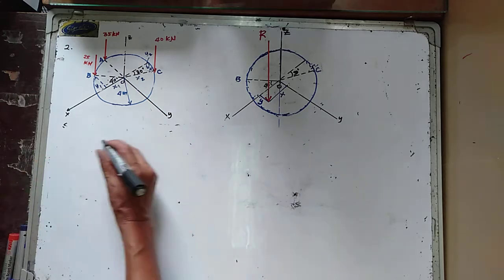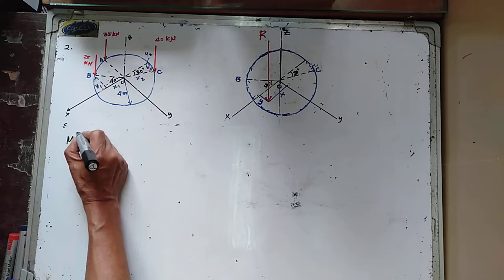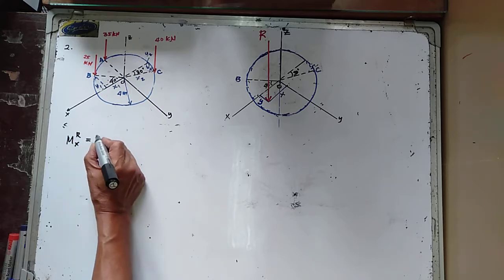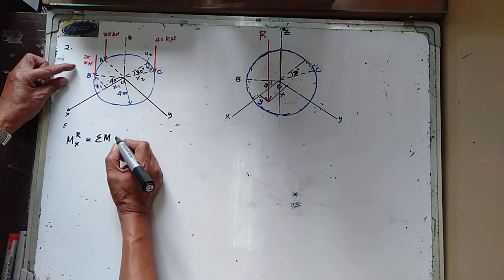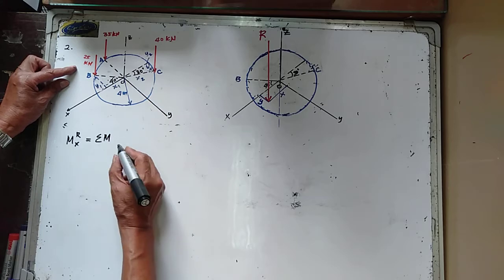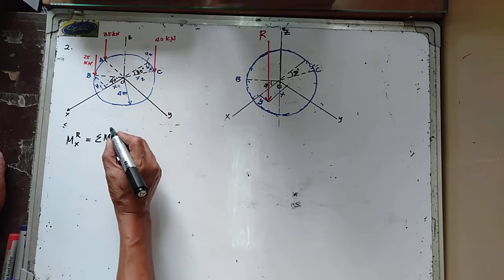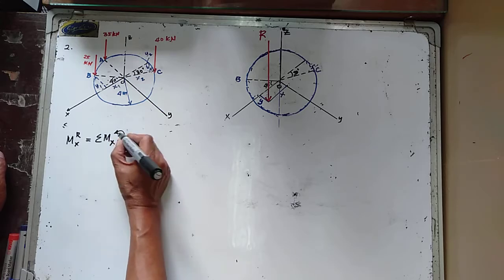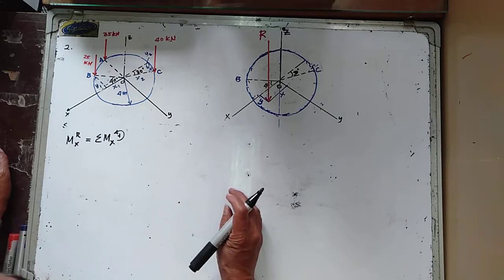So we now have moment of the resultant force about the x-axis is equal to summation of moment of all the forces in the original system about the same axis. So let us try to consider counterclockwise moment as positive.